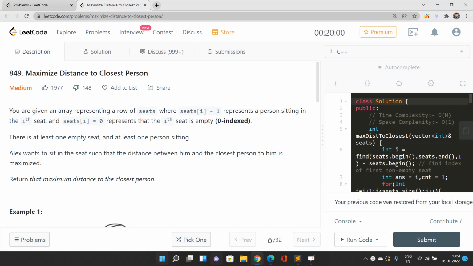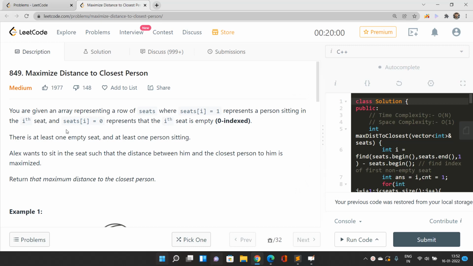In this problem you need to return the maximum distance to the closest person, and you're going to do this for every non-empty seat, and it is going to be done in O(1) time, provided you have done some pre-calculations. So you need to have efficient knowledge of how you are going to pre-compute the closest distance with respect to a particular index. I will explain it, you need not worry.